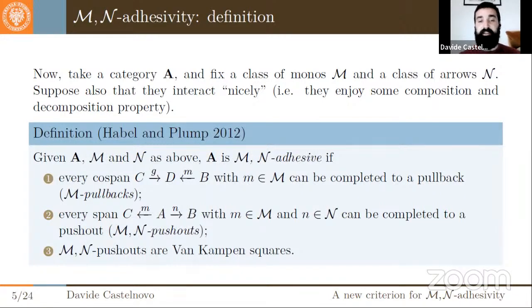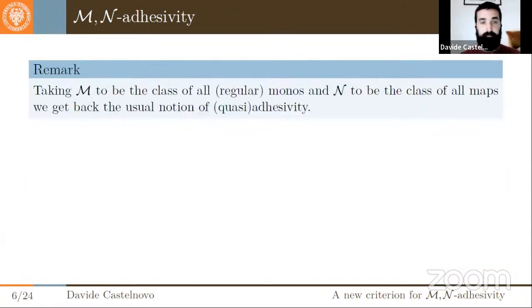We say that A is MN-adhesive if every cospan with a leg in M can be completed to a pullback, and we call this kind of pullbacks M-pullbacks. And every span with a leg coming from M and the other leg coming from N can be completed to a push-out, and we call this kind of push-out MN push-outs. And then we are asking for MN push-outs to be Van Kampen. So this is the notion of MN-adhesivity.